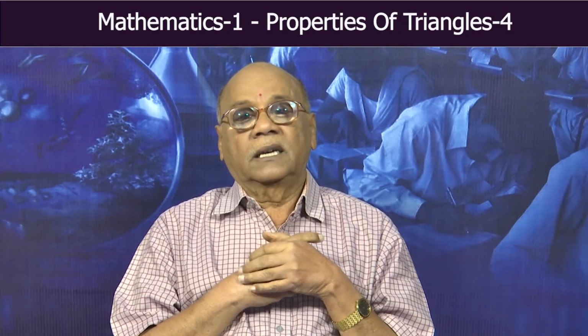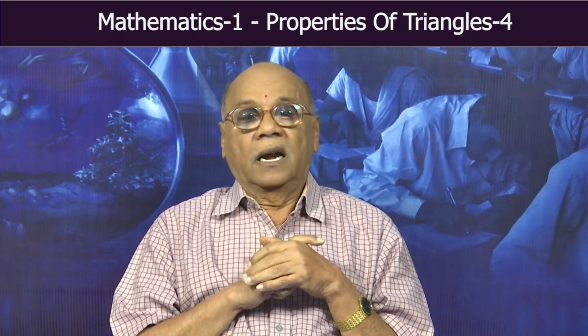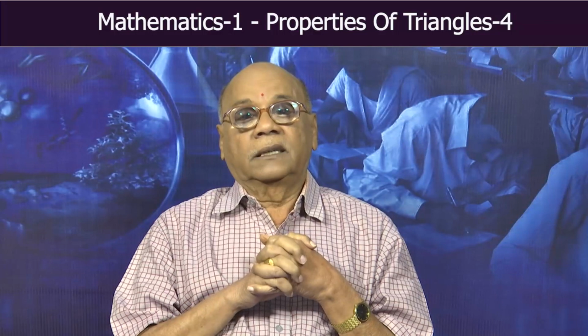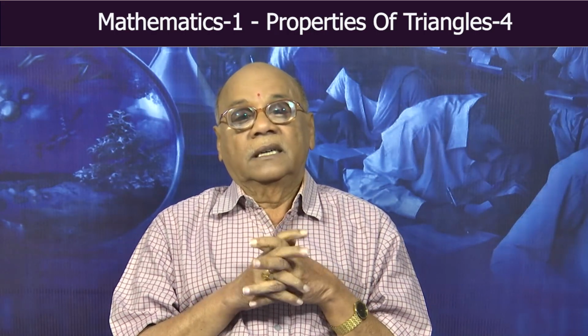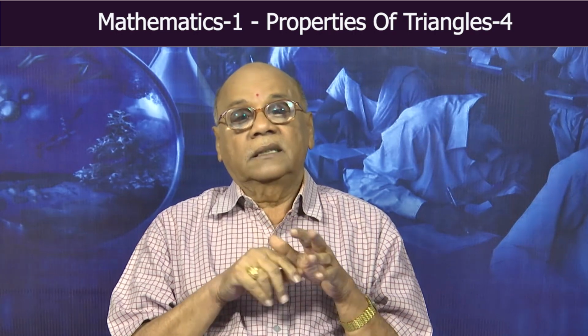Of course, the best book is Loney Trigonometry Part 1. In that he has discussed the pedal triangle and the eccentric triangle, and the distance between the excentres from the vertices, and also observed that triangle ABC is the pedal triangle of the excentral triangle I1, I2, I3. So you can refer to S.L. Loney Part 1, or the intermediate book, or you can refer to my book, which is called Trigonometry Volume 2.